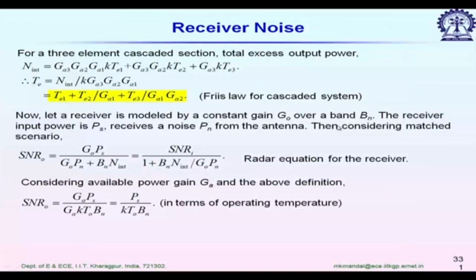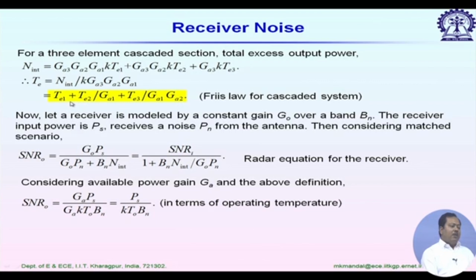So this is called the Friis law for cascaded systems. What we see is that if we have many components in cascade connection, the contribution of noise from the first component is dominant over all others.